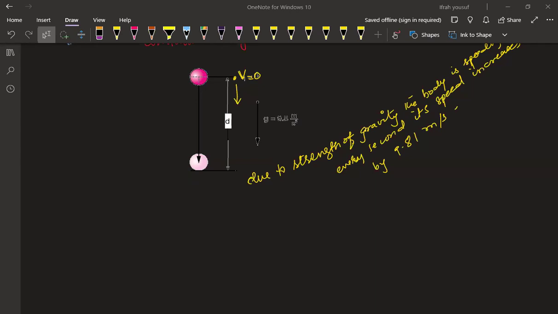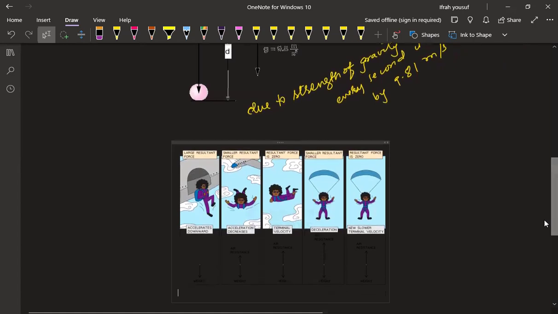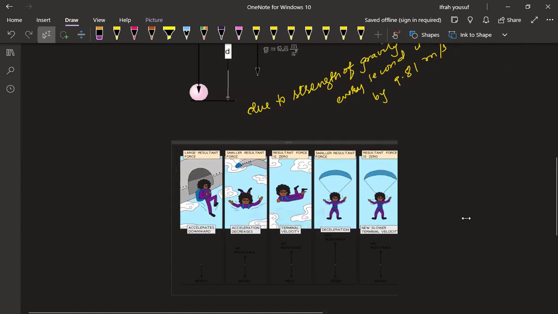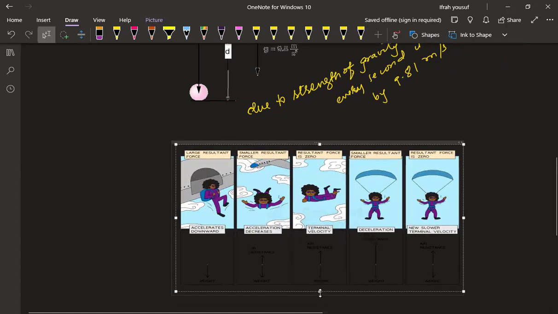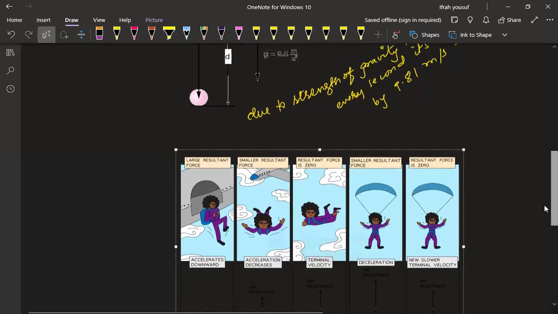Let me show you one thing here. It will be easy for you to understand. Now see this one. Can you see now?